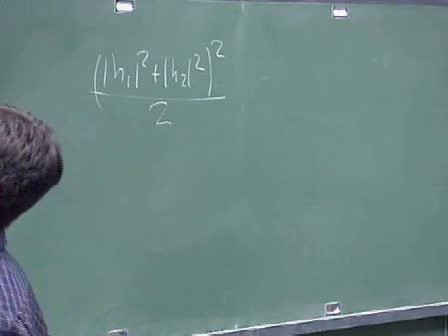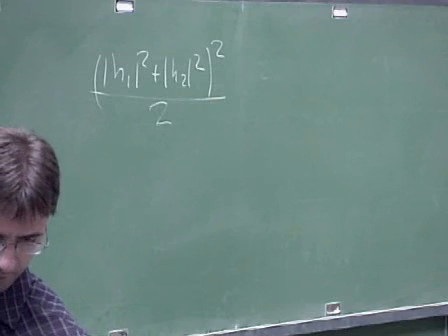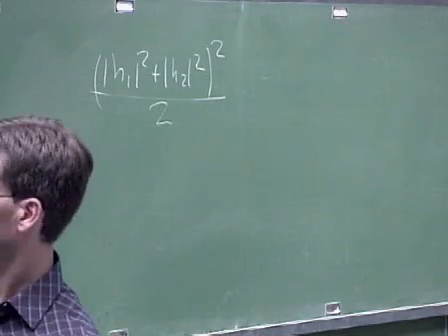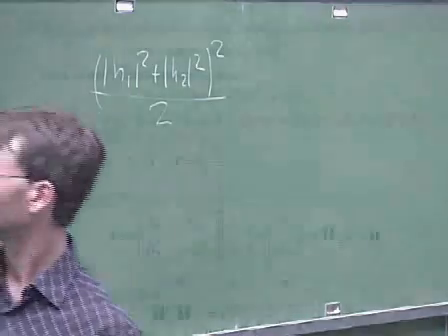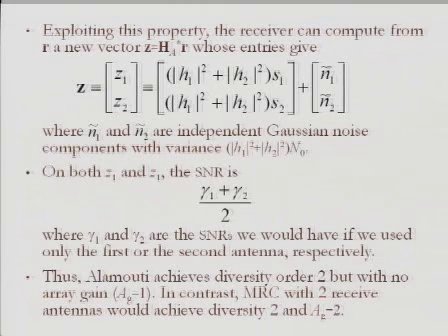And now, what's the power of the noise? I showed you here, you had the noise, the original noise, so the variance was N0. That was in the vector r. Now to build the vector z, I multiplied r by h conjugate, so that increases the variance of the noise, and it makes it exactly this variance.